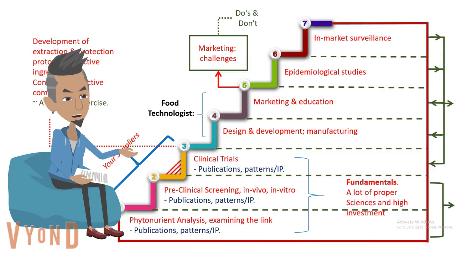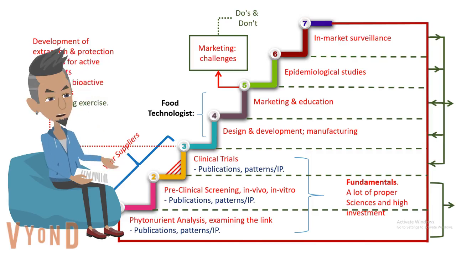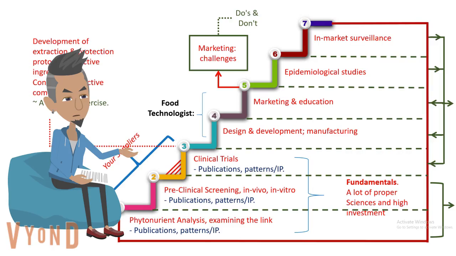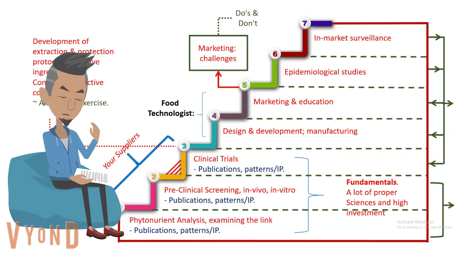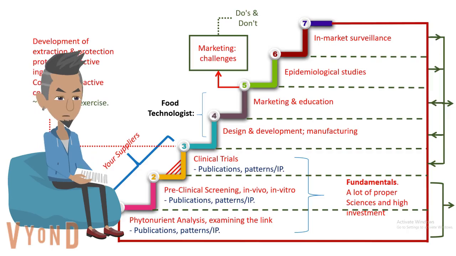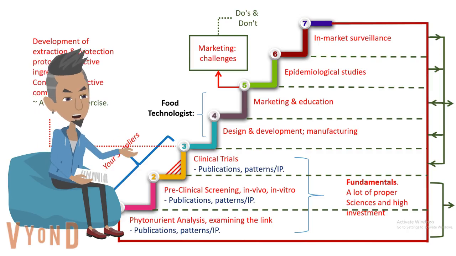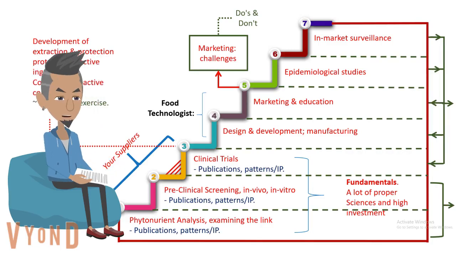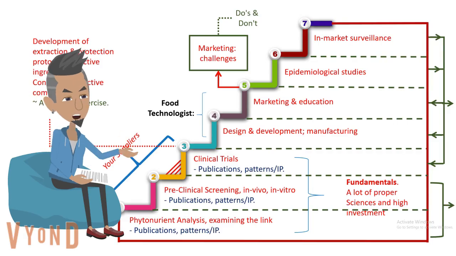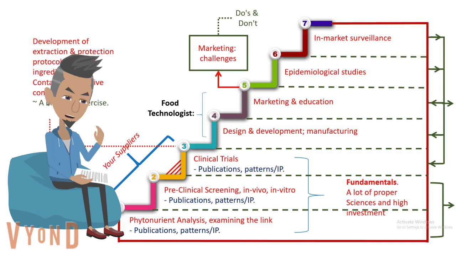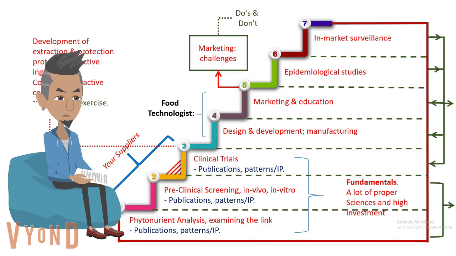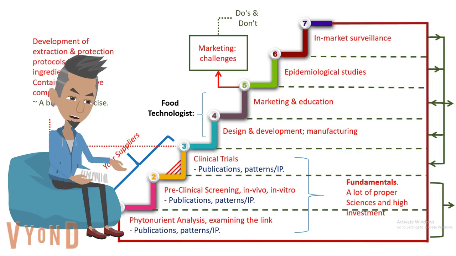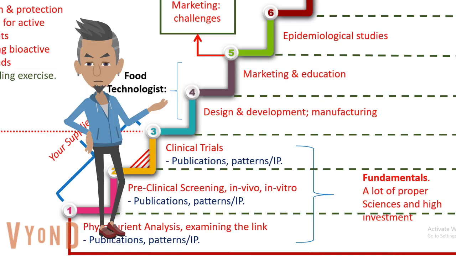Again, there could be publications and intellectual properties that come out from step number 3, which is actually clinical trials. So these particular companies, probably our suppliers, develop extraction and protection protocols for active ingredients containing bioactive compounds. This is basically a branding exercise.